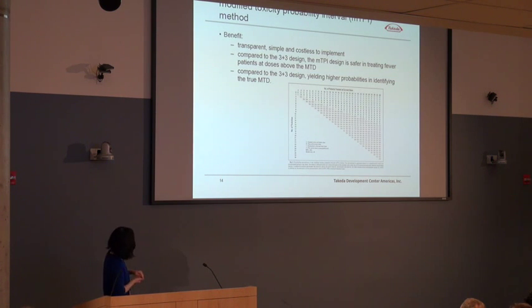And mTPI is easy because based on your calculations prior to the study, you can come up with a decision table where, for the number of patients treated at a particular dose and for a particular toxicity, you will know whether to escalate, stay, de-escalate, or discontinue. So the decision is very easy, so that nobody is confused and nobody feels like they don't know anything. That's the benefit of this design.